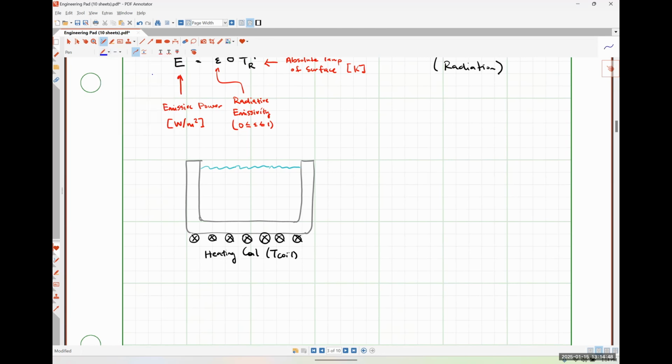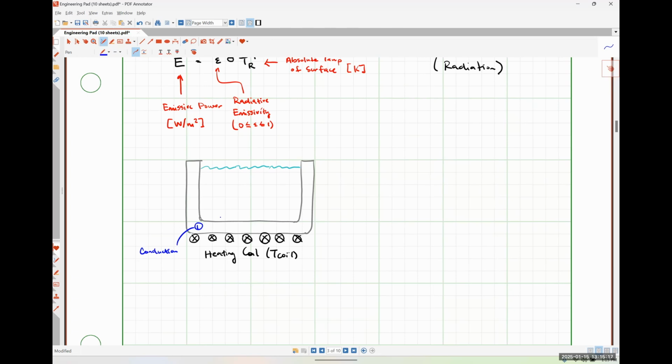Okay. So let's talk about the different heat transfer methods that we are going to see in this. Here in region 1, I'm going to see simple conduction, right? So I have a hot surface from my heating coil directly touching my pot. So I'm going to have simple thermal conduction as a heat transfer mechanism between my heating elements and the pot itself. Okay.